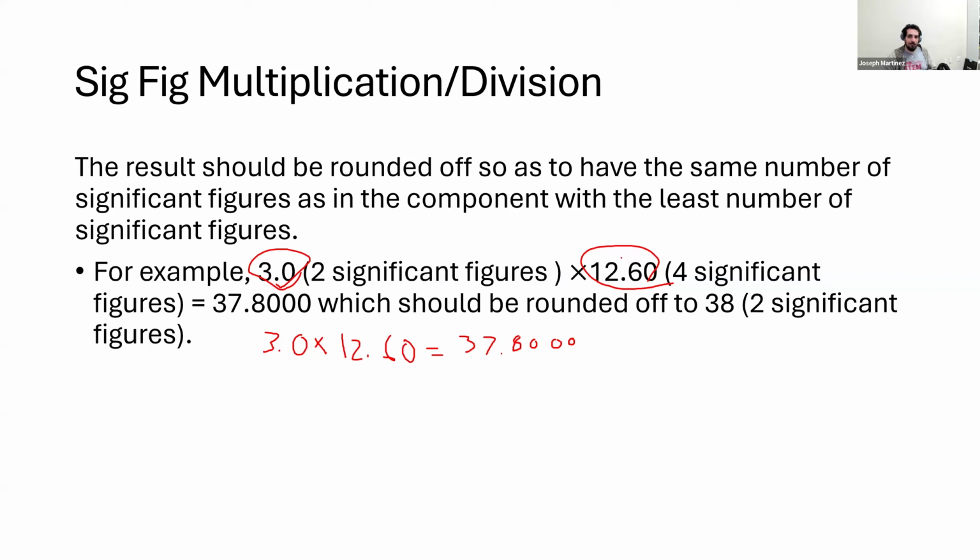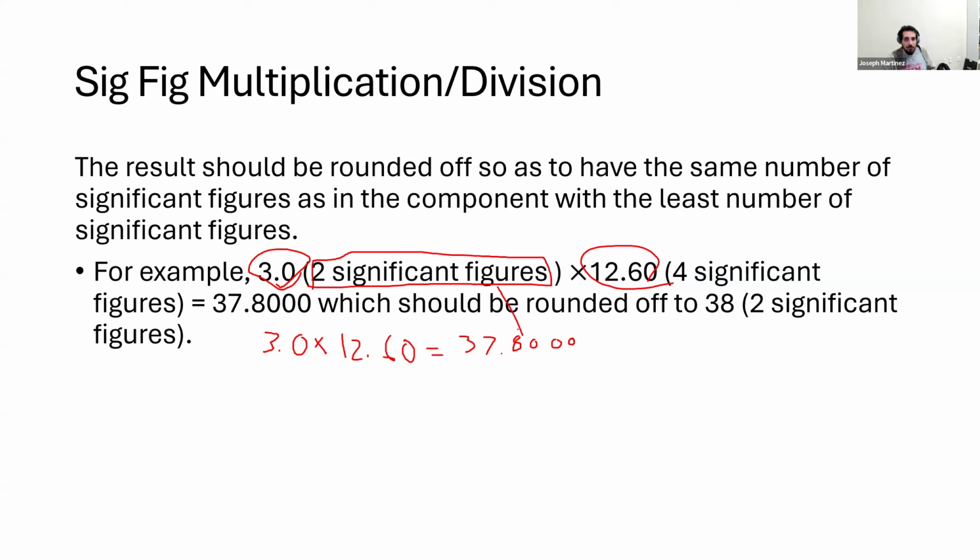And that 12.60 came from some source where it gave 4 significant figures of precision. So when we look at these two, we look at the least precise measurement, the one that has fewer sig figs. So this is 2 significant figures. That's less than the 4 significant figures. And that's what we round our result to. We always round to the least significant digits.